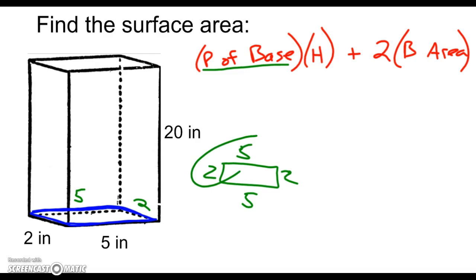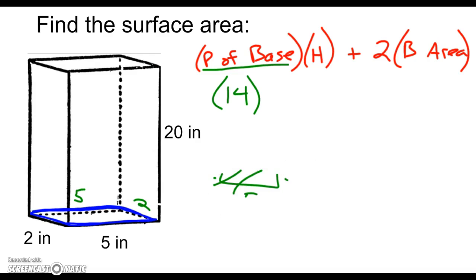If we look at it this way, I got 7 plus 7, which is 14. So that's just for visual purposes. You don't always have to do that, but remember, perimeter talks about the distance around that shape. All right, the height is the distance between our two bases. In this instance, it does happen to be the vertical line between our two base rectangles. So times 20.